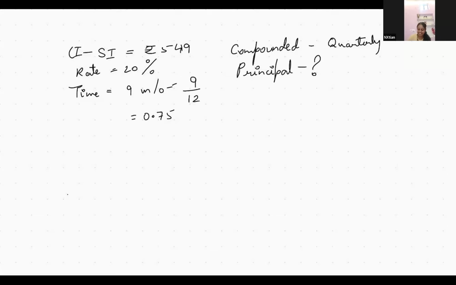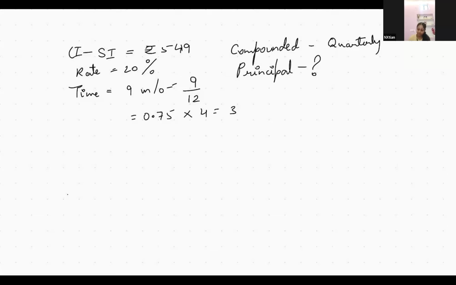Ma'am, 0.75 into 4. Yes, because it's compounded quarterly, we will multiply it by 4, we will get 3. So time will be 3.